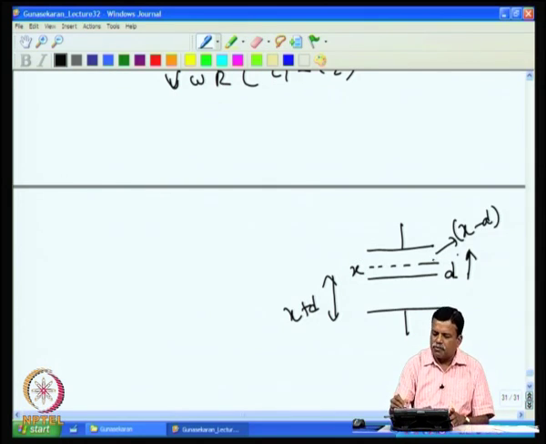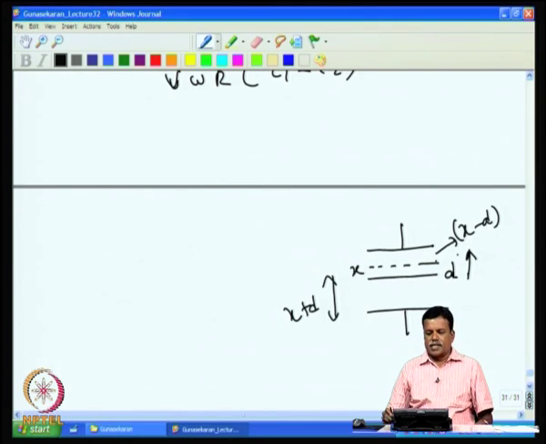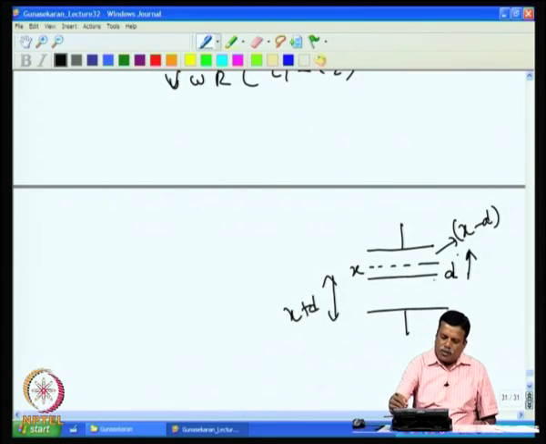Because if I move the plate by amount x, then the distance from one plate to another becomes x plus d, and the other one becomes x minus d.